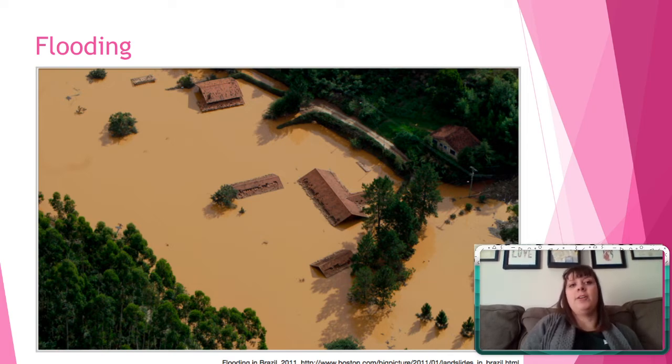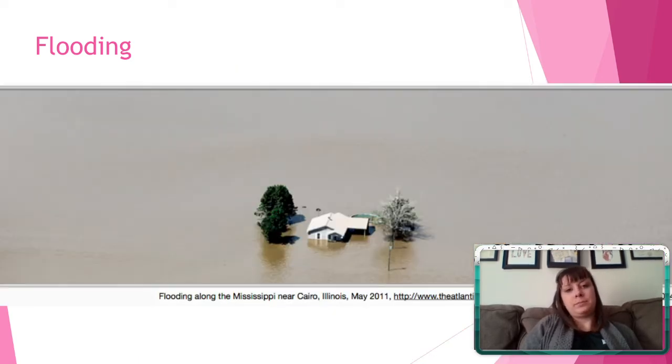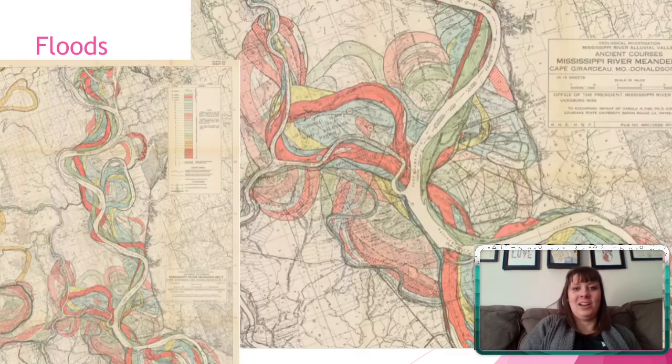The Amazon River actually floods pretty frequently, which is part of the reason why, right, there's so much plant life around the Amazon River, right? Lots of rainfall, lots of flooding, and it spreads around a lot of different nutrients. Here's another one. Flooding along the Mississippi near Cairo, Illinois in 2011. Kind of crazy, little farmhouse surrounded by water.